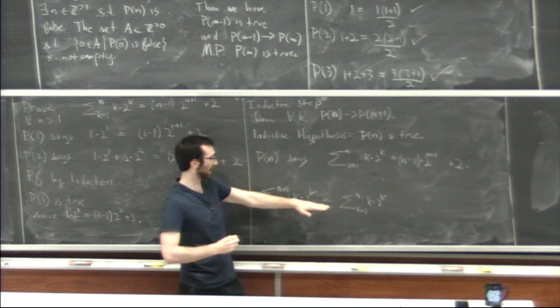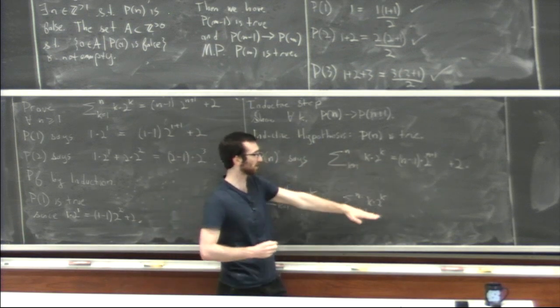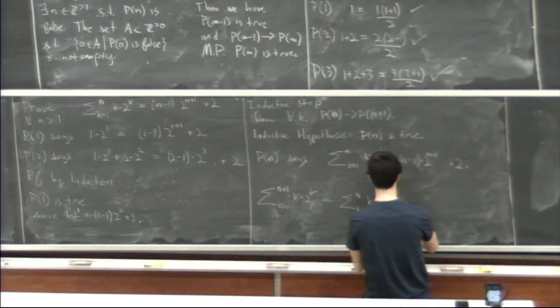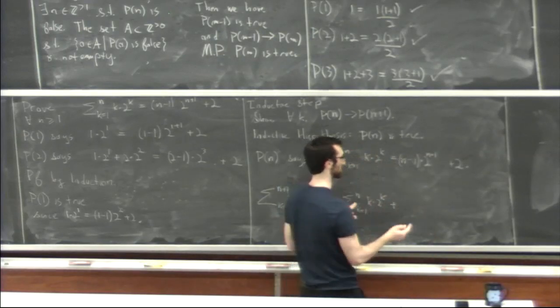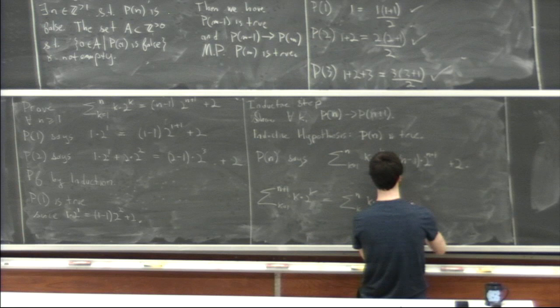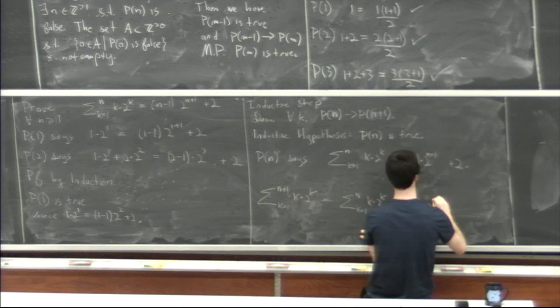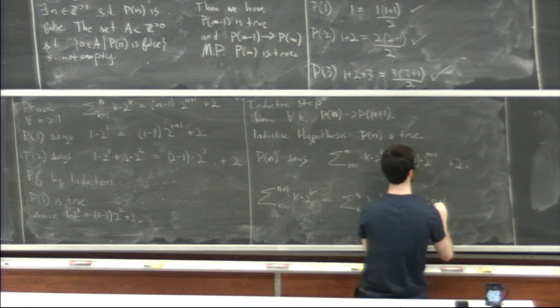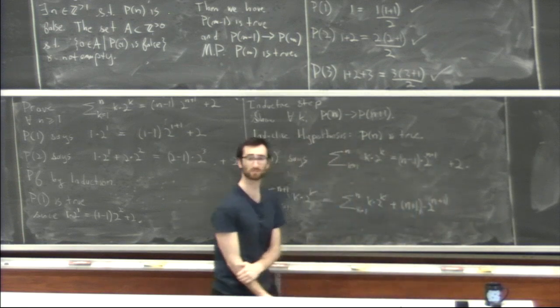P of n plus 1 is this junk plus whatever this term is for n plus 1, plus n plus 1 times 2 to the n plus 1. Okay?